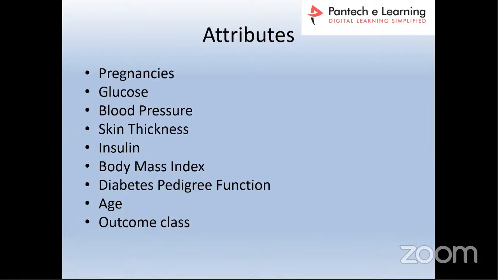Next, diabetes pedigree function. What does this mean? This is actually about family. Some persons may be affected by diabetes at an early age because their fathers have diabetes. Because of the genes, we are able to get it continuously.